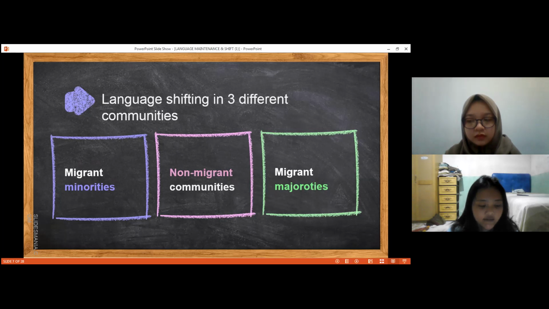Second one is non-migrant communities. For example, Armin is an Iranian teacher of English. He is concerned that Farsi, the official language of Iran, is displacing his native language, Azeri. One piece of evidence supporting his concern about Azeri is that the streets of his hometown, Tabriz, are full of signs in the Farsi language.